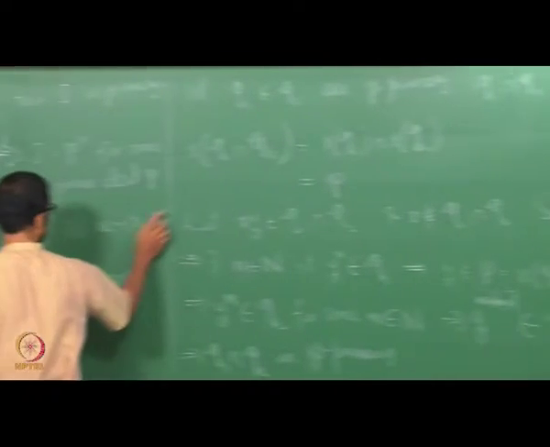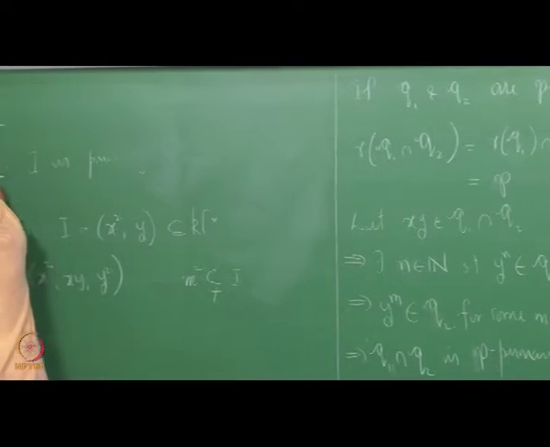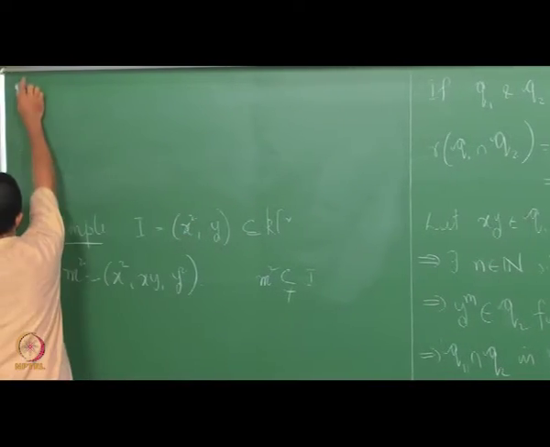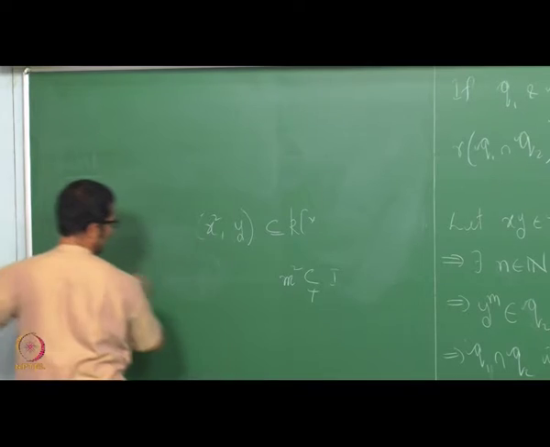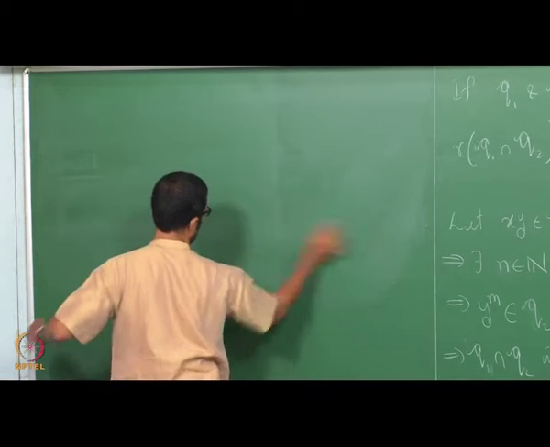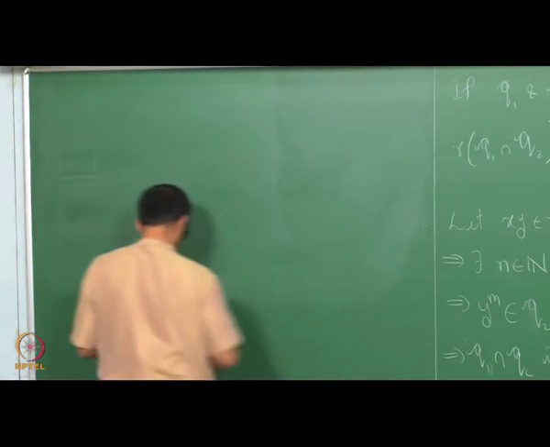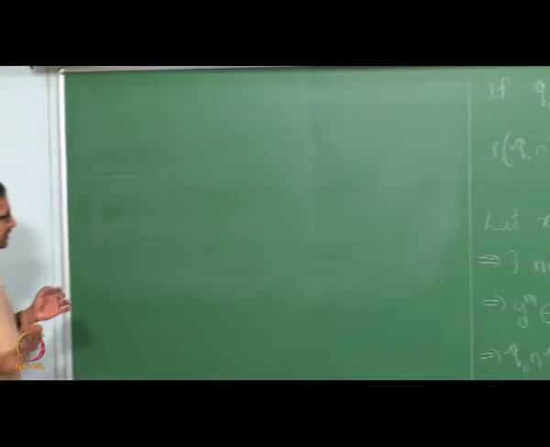So, if the ideal is irreducible, if I is equal to I1 intersection I2, then either I is equal to I1 or I is equal to I2.